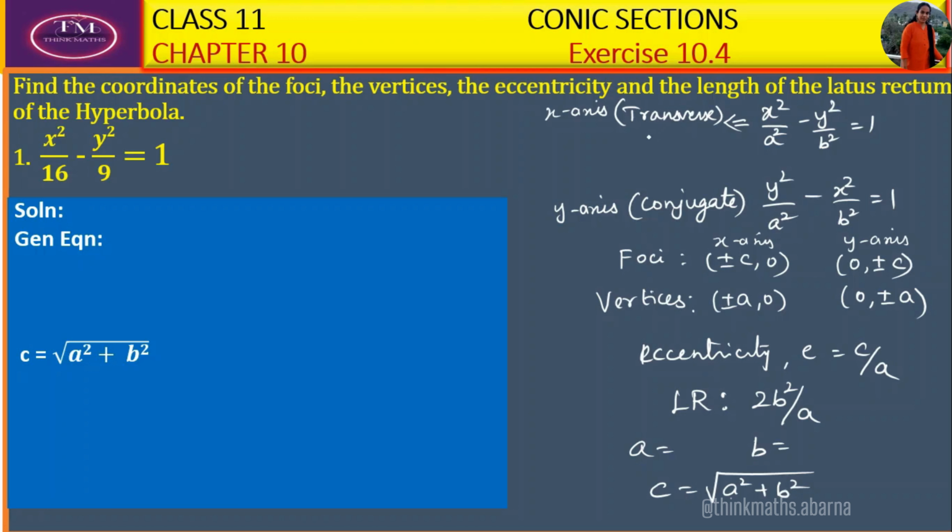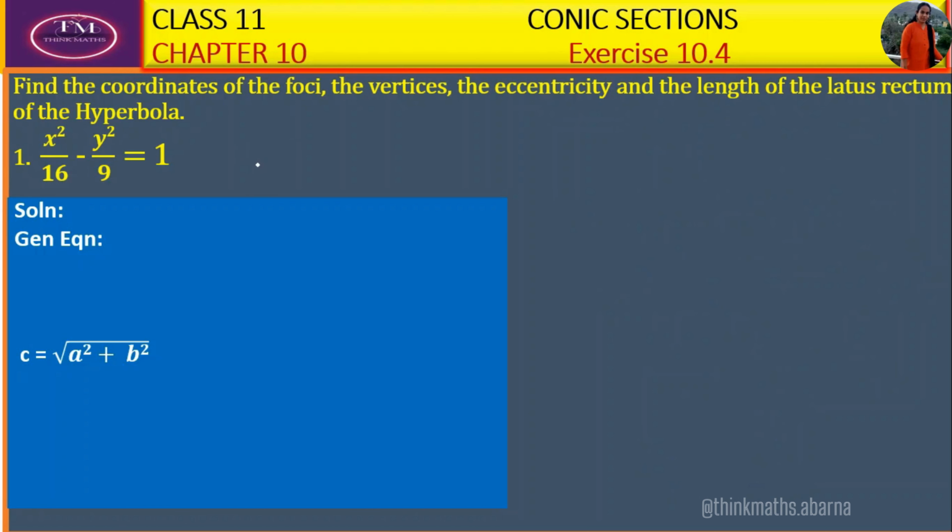If you need to find the length of the transverse axis, it is nothing but 2a. The length of the conjugate axis is nothing but 2b. These are the simple formulas. If you memorize all these formulas, this exercise 10.4 is very simple. Clear? So shall we get into the problems?